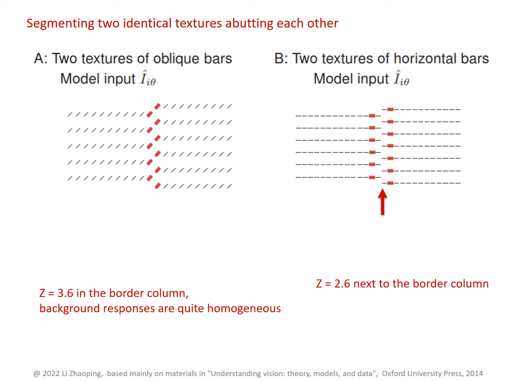This is perhaps because these border bars are under a weaker collinear facilitation due to a slight change in the spatial arrangement of their neighbors. Nevertheless, attention to bars one column away from the texture border also brings attention to the border, as long as the attentional spotlight is not too narrow.